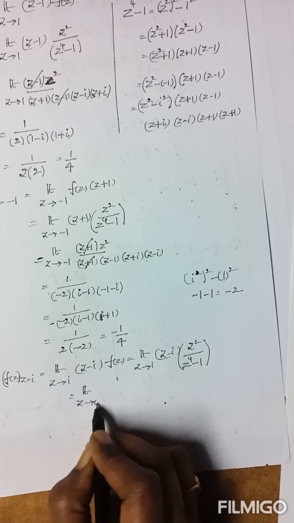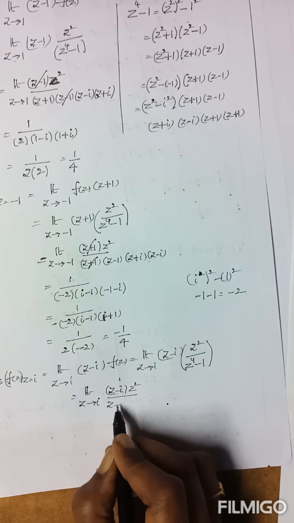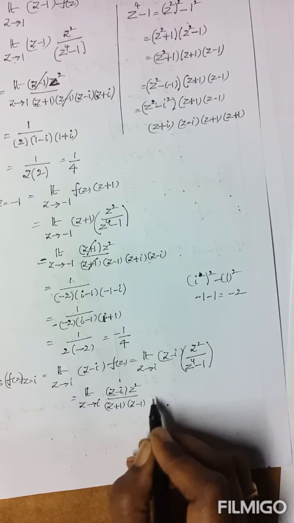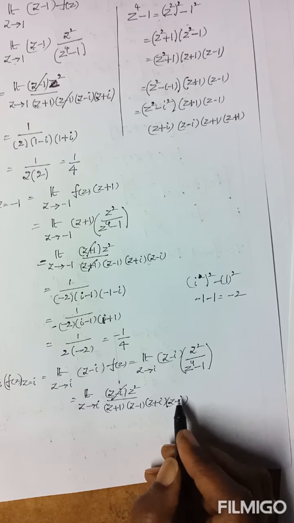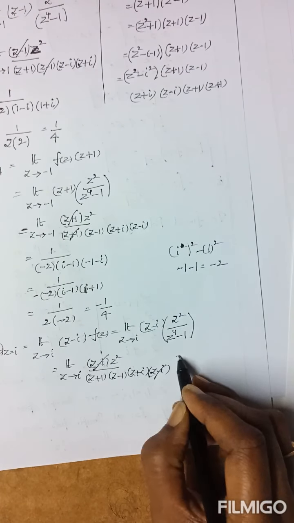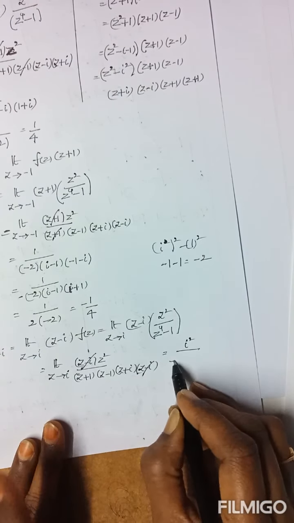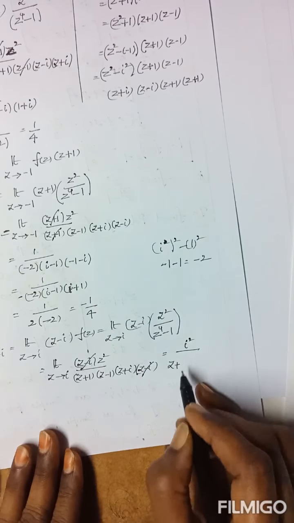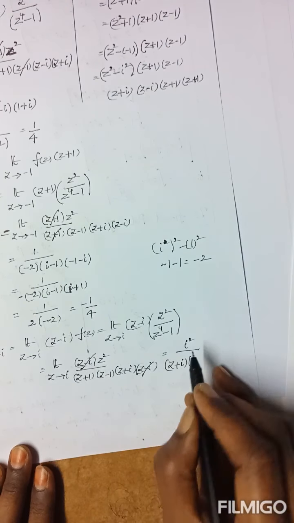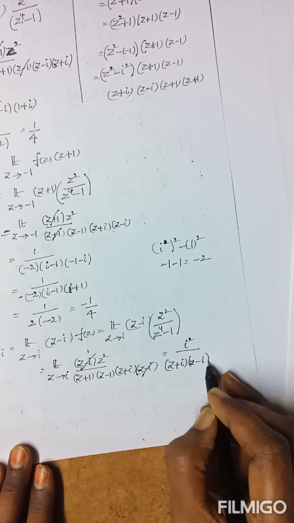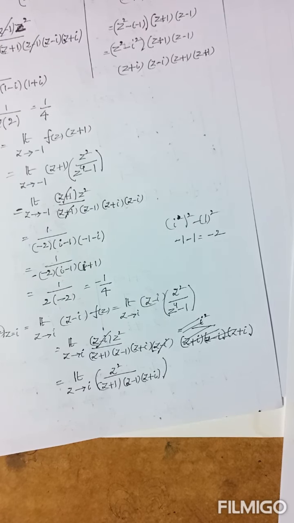Limit as z tends to i of (z minus i) into z square by (z plus 1)(z minus 1)(z plus i)(z minus i). Now z minus i gets cancelled.